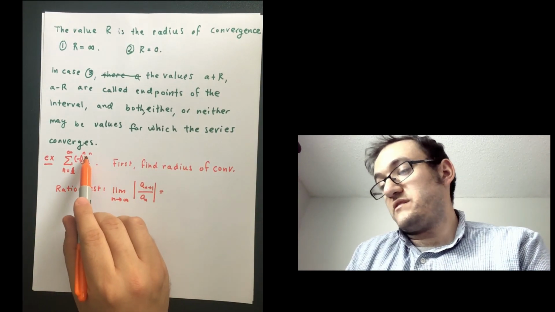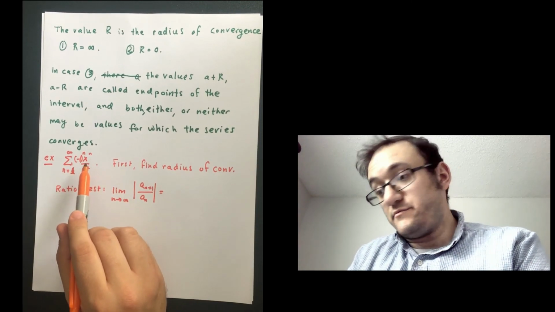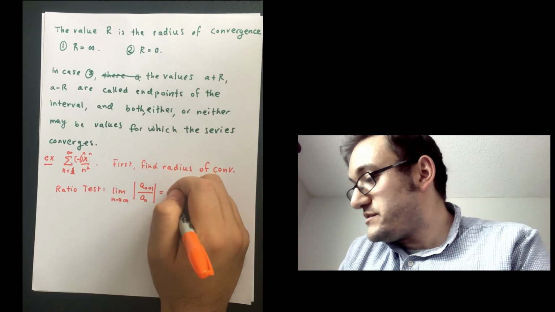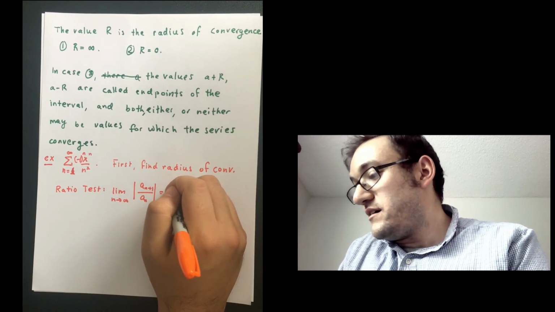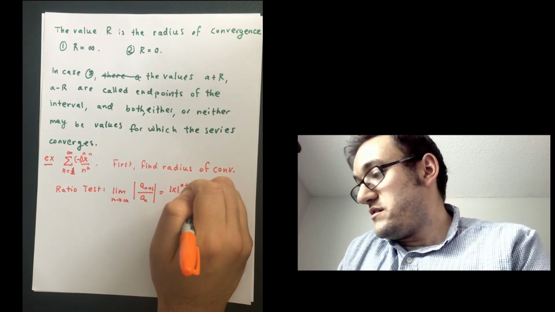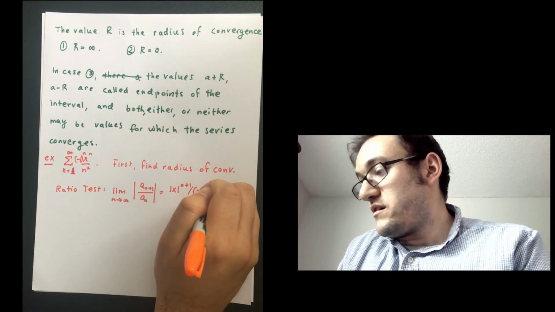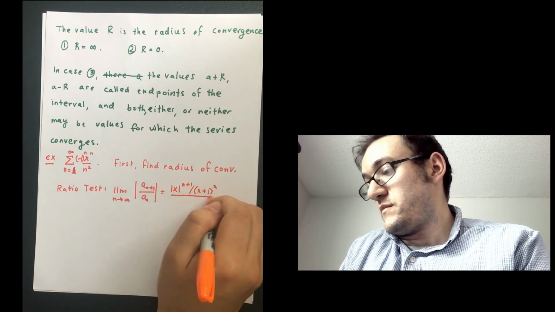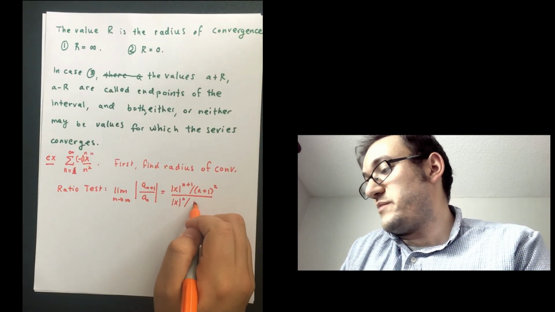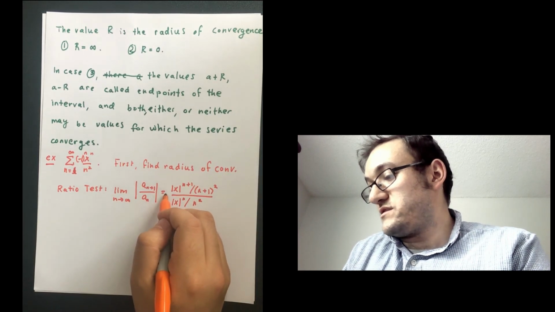You do have to be careful to keep the absolute value of x, because x could be a negative value. So we're going to end up having absolute value of x to the n plus 1 power divided by n plus 1 squared, over absolute value of x to the n divided by n squared. And of course, we're still taking the limit.